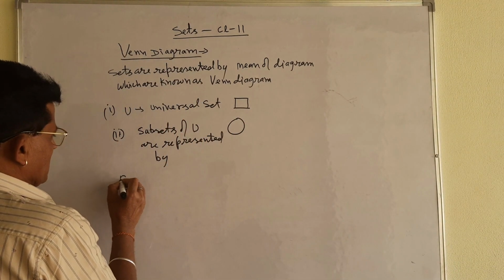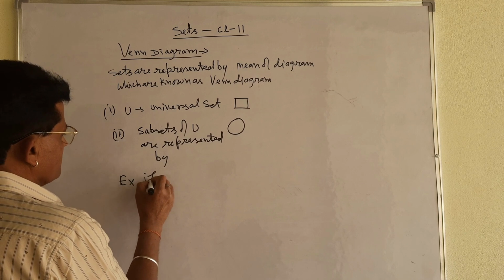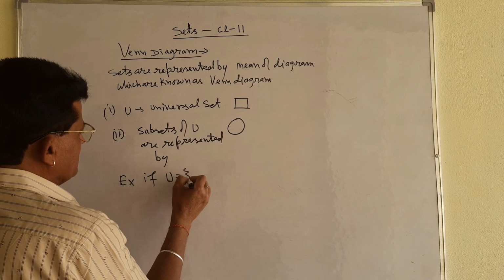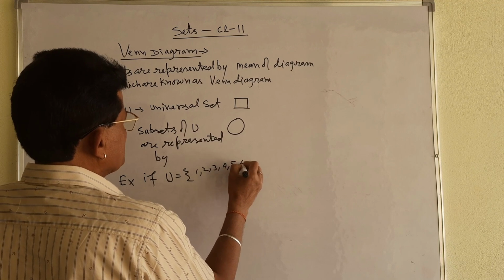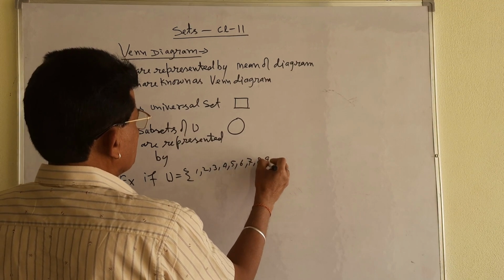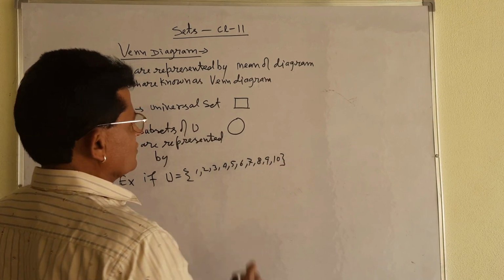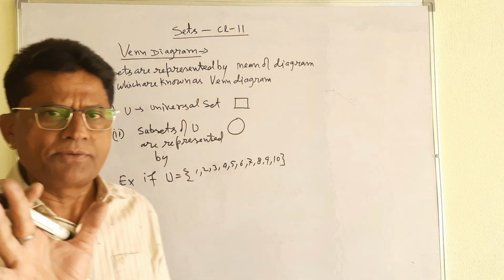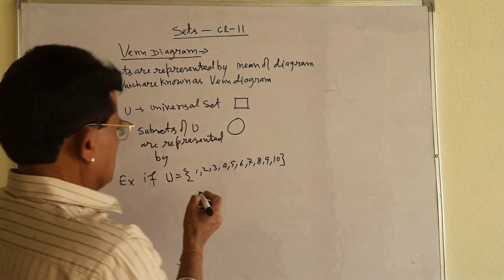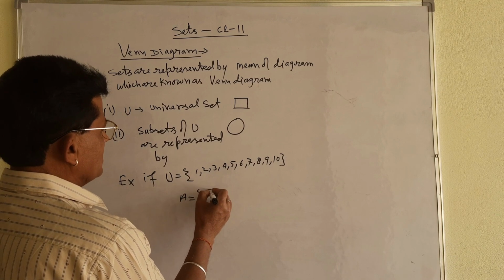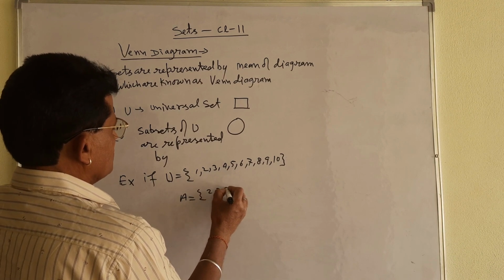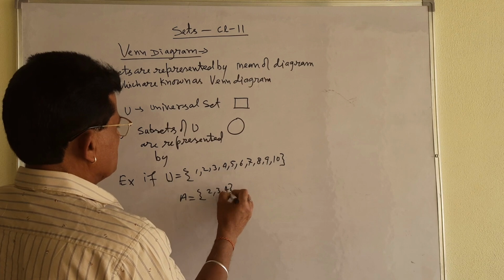Let me take an example. Suppose the universal set is 1, 2, 3, 4, 5, 6, 7, 8, 9 and 10, the natural numbers up to 10. Let me take one subset of the universal set: A = {2, 3, 4}.